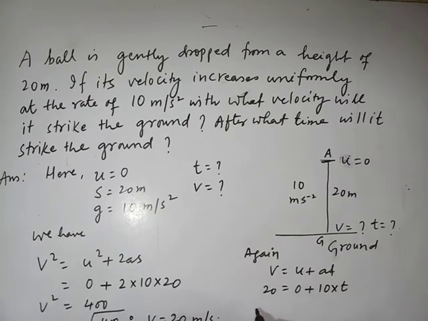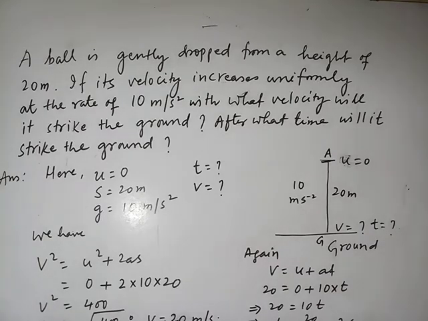So 20 is equal to 10t, and that implies t is equal to 20 by 10 is equal to 2 seconds. So we got both the answers: t is 2 seconds, and the velocity at which the ball will strike the ground is 20 meters per second.